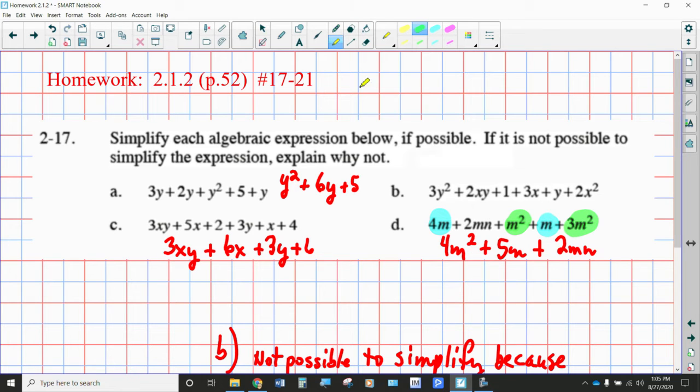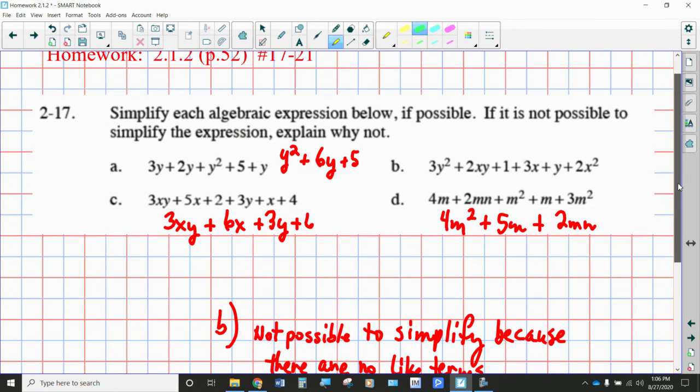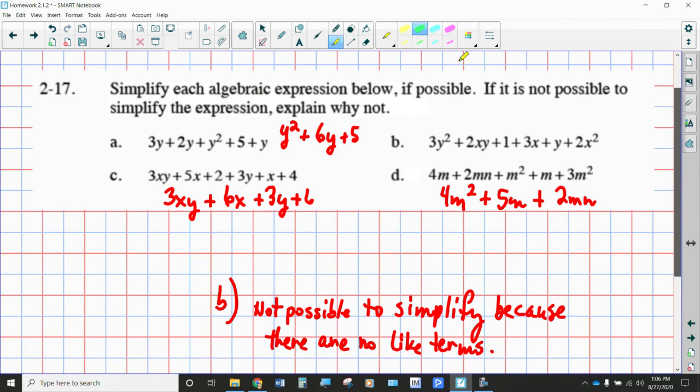Okay? The only one of these expressions that you can't simplify any further is B, because you don't have any like terms. If I were to go through and find all the y squareds, that's the only one. All of the xy's, that's the only one. All of the constant terms, this is the only one.